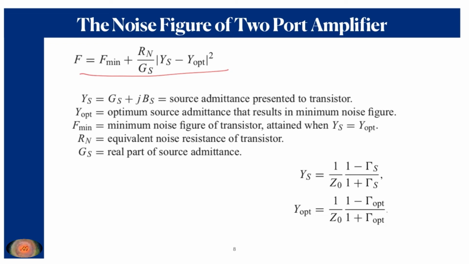So we can optimize the reflection coefficient, and this is the optimum reflection coefficient associated with the optimum value of the source admittance. Upon achieving this optimum value you can make this part 0 and achieve the desired one, that means the minimum noise figure.